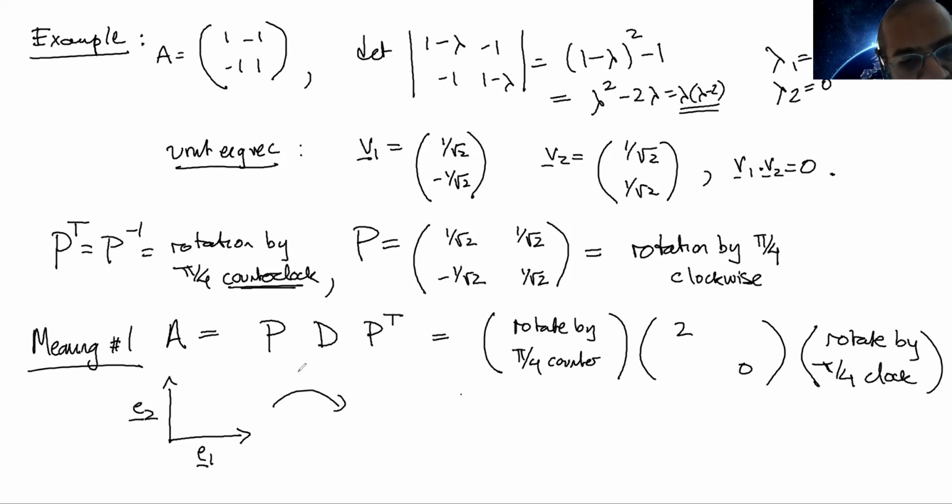So what happens when you hit this with PDP transpose? First you hit it with P. Well, that's supposed to be rotation by pi over 4 clockwise, right? Oh, I'm sorry, I got it backwards. Whoops. This is clockwise and this is counterclockwise. P transpose is counterclockwise.